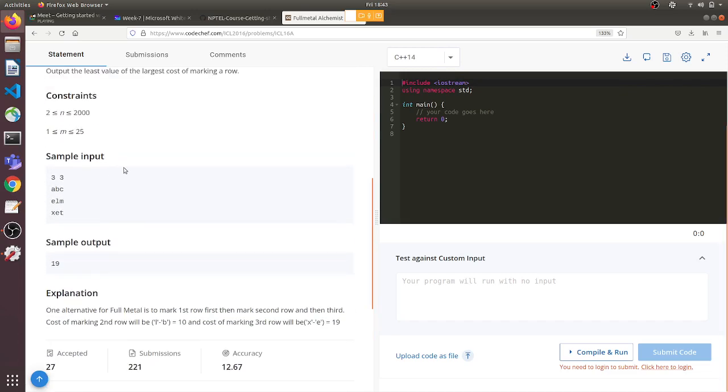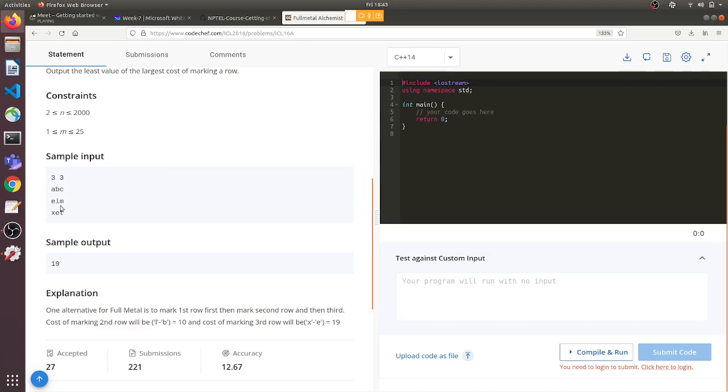So when we are marking one row, for example in this, first is marked, second is marked, so we are marking the third row. When we are marking the third row, we could have either taken the distance from the 0th row or the first row. So we took the distance from this first row, which is 19. If we took it from the 0th, it would have been say 23.